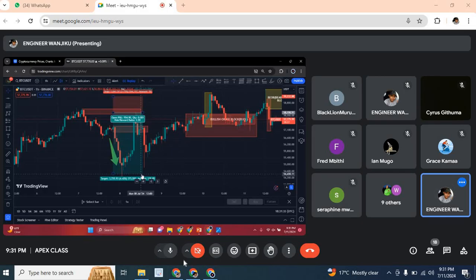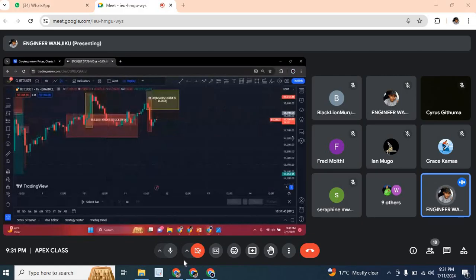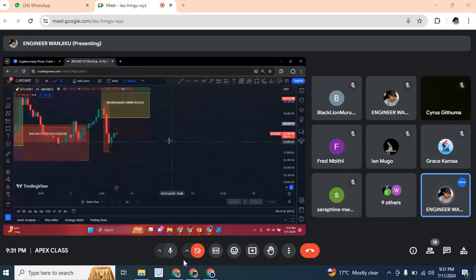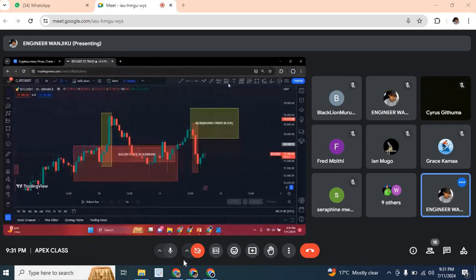That's the case of a bearish order block. In a bullish order block, I can have the same. I can have my long position tool from that zone of my order block.